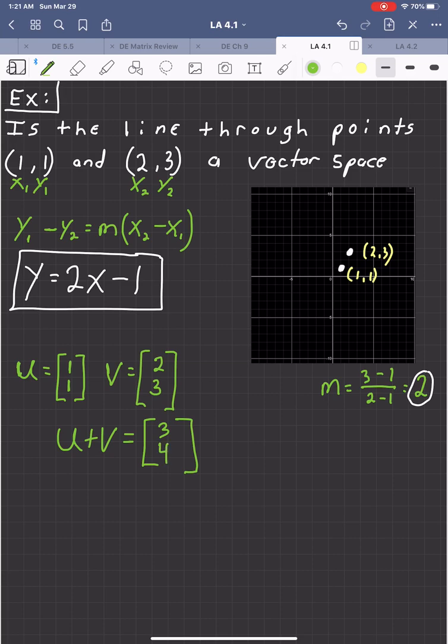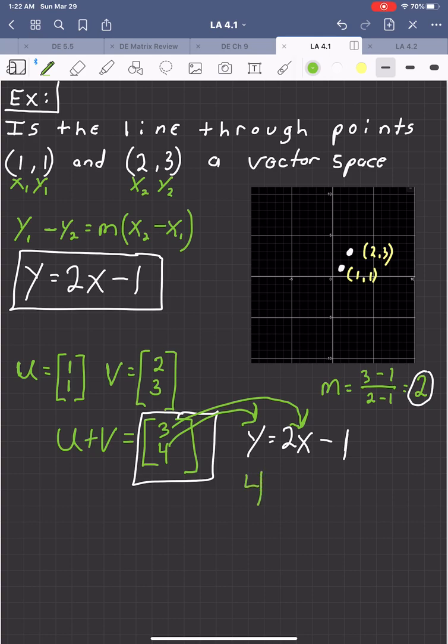Now the question is, is u plus v on the line drawn by y equals 2x minus 1? Well, you want to know how to do this? Very simple. If we plug 3 in for x and we plug 4 in for y, do we get a true statement? Well, here we go.